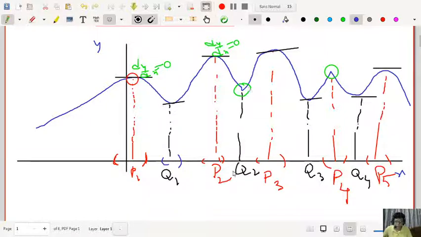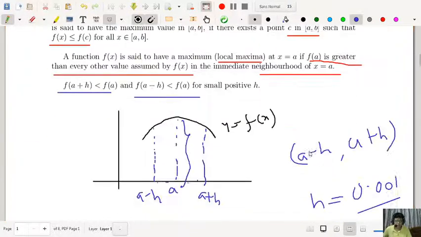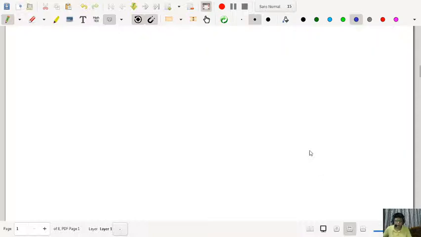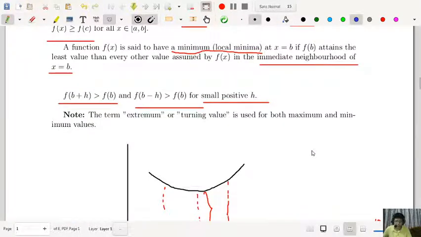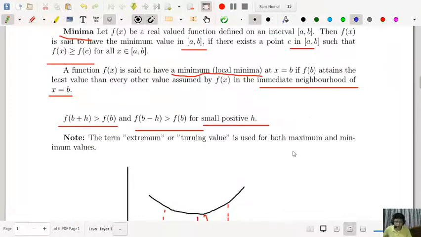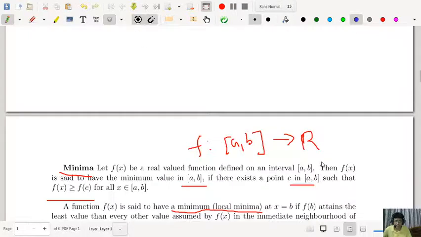If you consider q2, it will be the same, similar statements can be drawn, and at q3 if you take a small neighborhood, similar words apply for your explanation about the minimum, and for q4 also. So this is the main concept of maxima and minima, the local minima or local maxima.